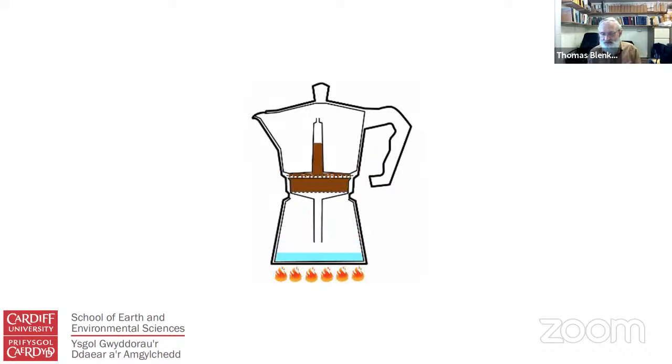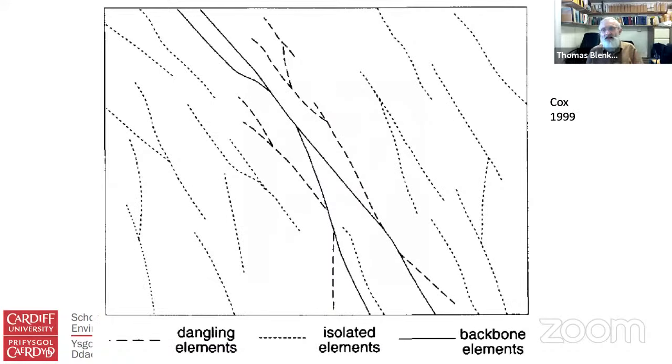So I'd like to just finish off with one final slide here on percolation theory. Again, this idea has been around for a while, and Steve Cox first talked about it in this paper in 1999, where he was illustrating how a network might have arrived at the percolation threshold. You can see this solid black line crossing from the bottom end of the map or cross-sectional area to the top end.